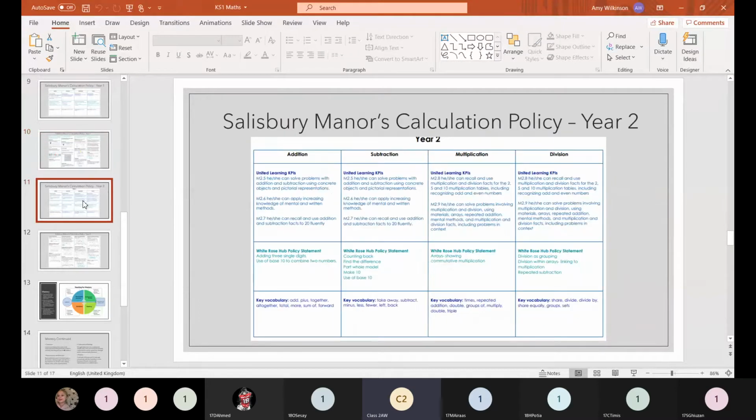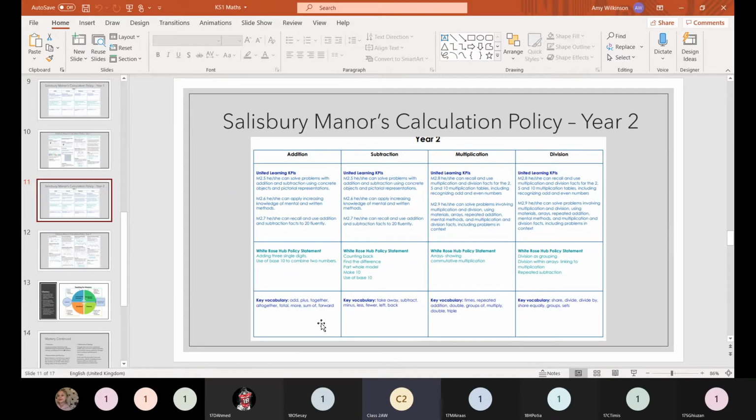As we move into year 2, it follows the same structure. So you have what the children should be able to do within that area, how it links to the White Rose Hub, and the key vocabulary that the children should know. So the key vocabulary in year 2 builds on what they've already had in year 1.